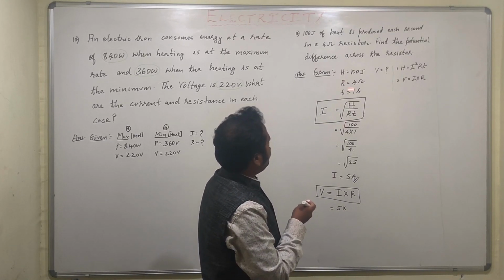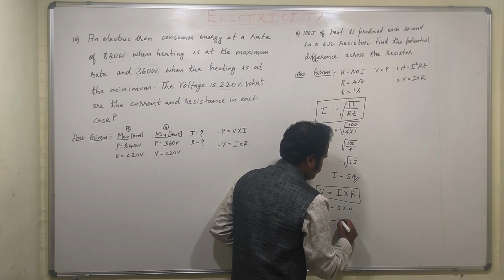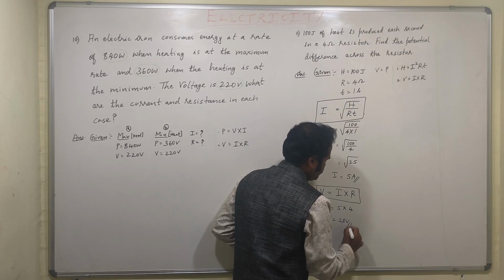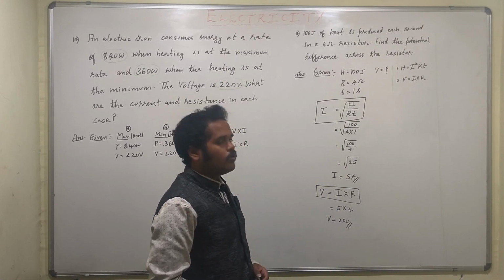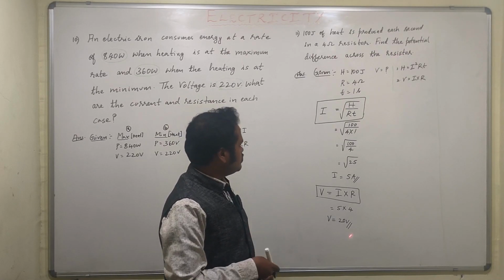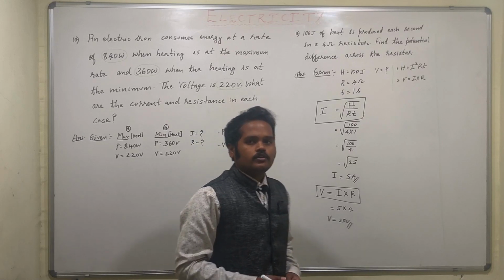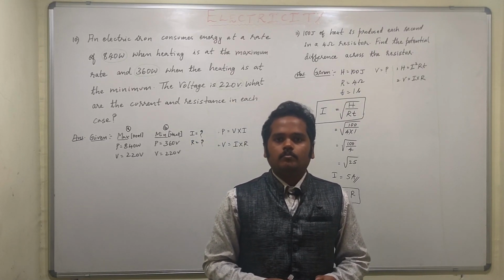What is the value of R? 4 ohm. So in place of R I am writing 4. Multiply, 5 4s are 20. So V is equal to 20 volt. So we got 20 volt, which is our voltage. The potential difference across the resistor is 20 volt. This is how we solve this problem.